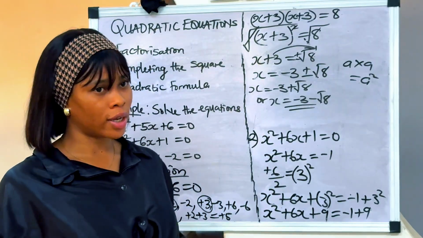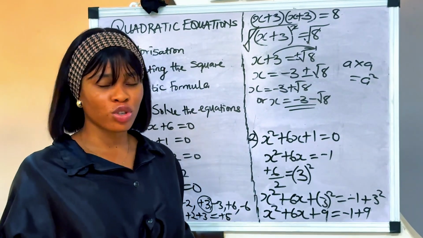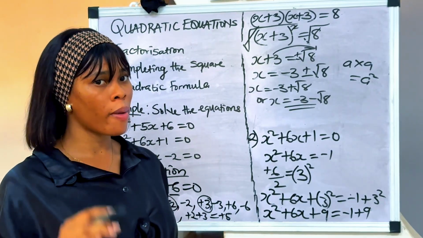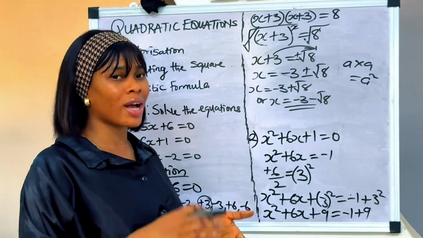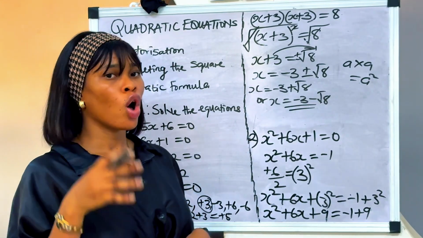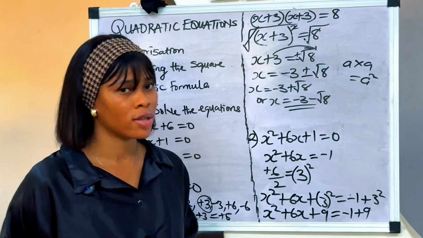If you look closely, you can see that this particular equation cannot be factorized, so it is better to use completing the square. And this is our answer.